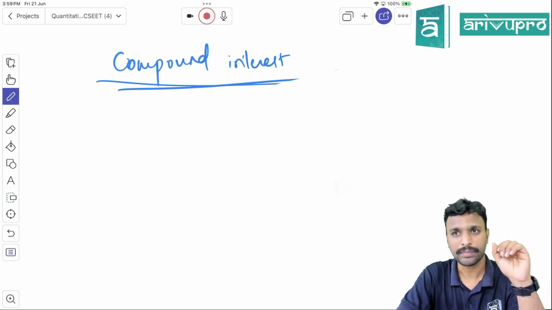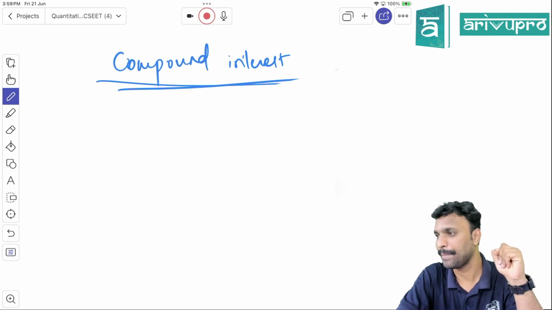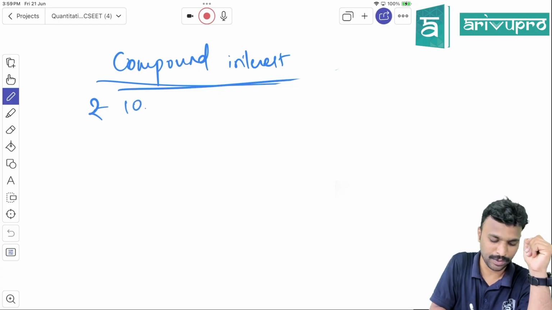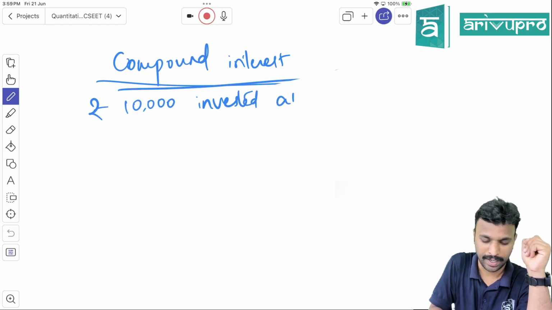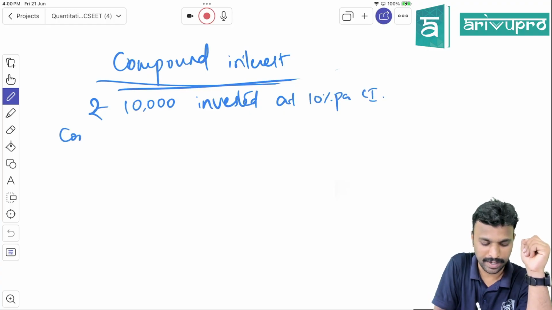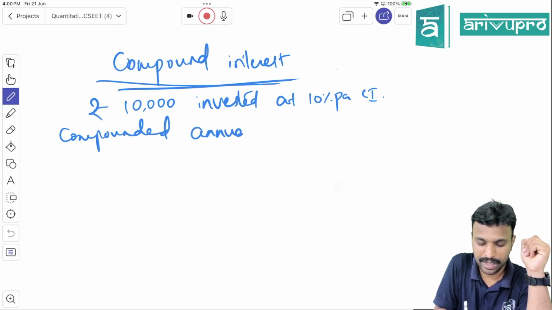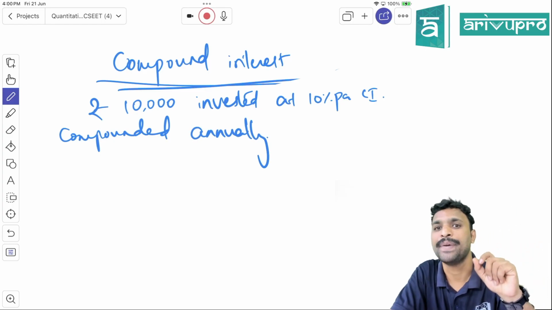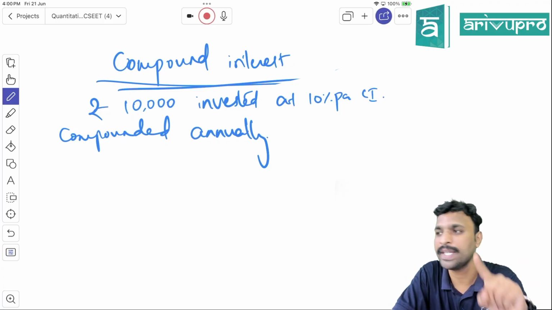See, if you want to find out CI on any sum, say rupees 10,000 invested at 10% per annum CI, compounded annually. The meaning of compounded annually is that the principal is going to change once in a year.